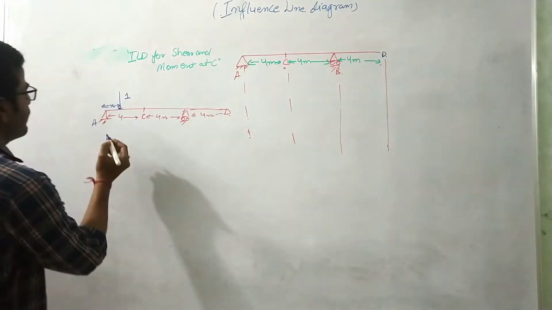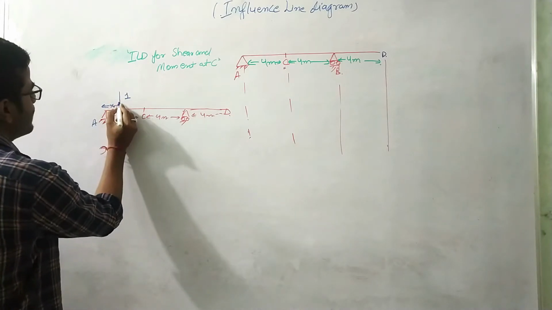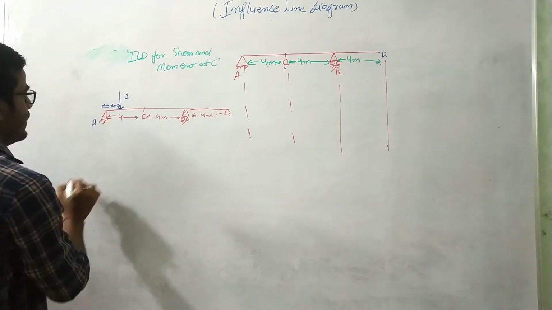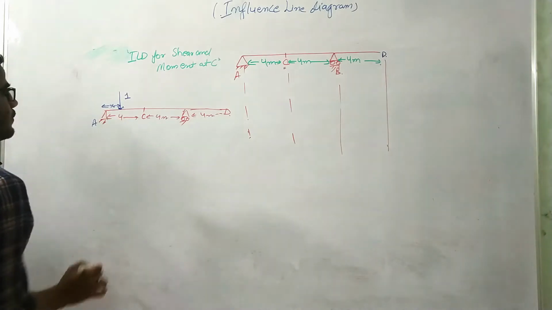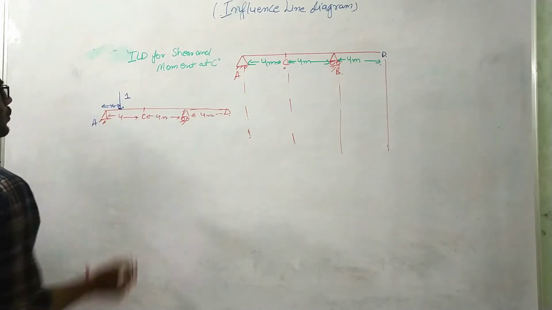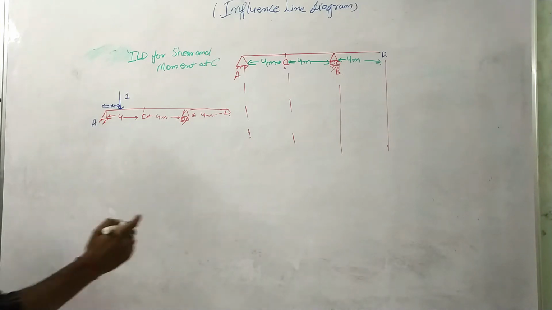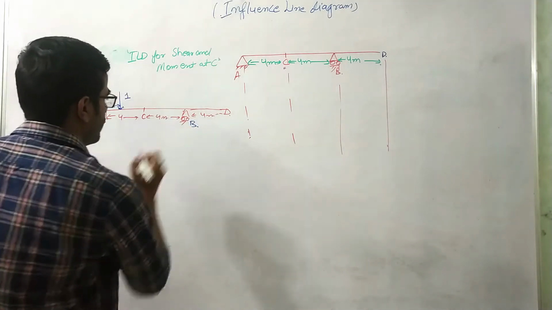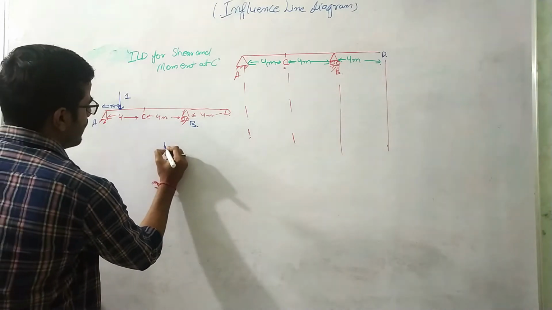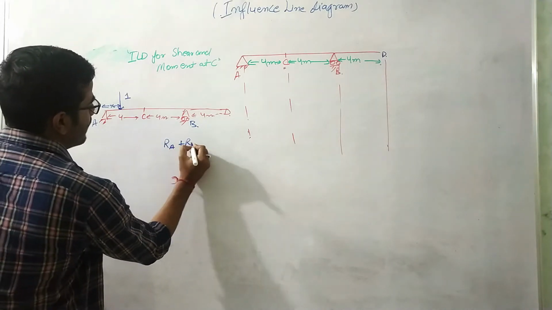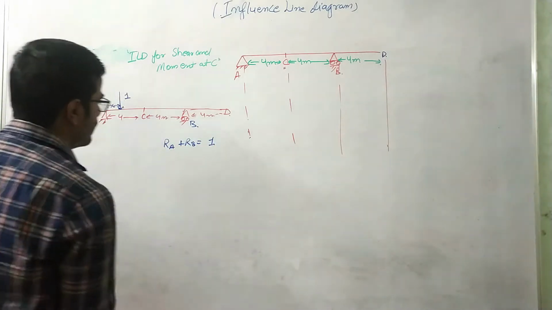So for the first case, what I am doing over here is I am keeping the load at this location, between A and C, the left side of the section. When I am keeping the load over the left section, let us calculate how much reactions are generated at A and B. The basic equilibrium equation is RA plus RB is nothing but the unit load, right?